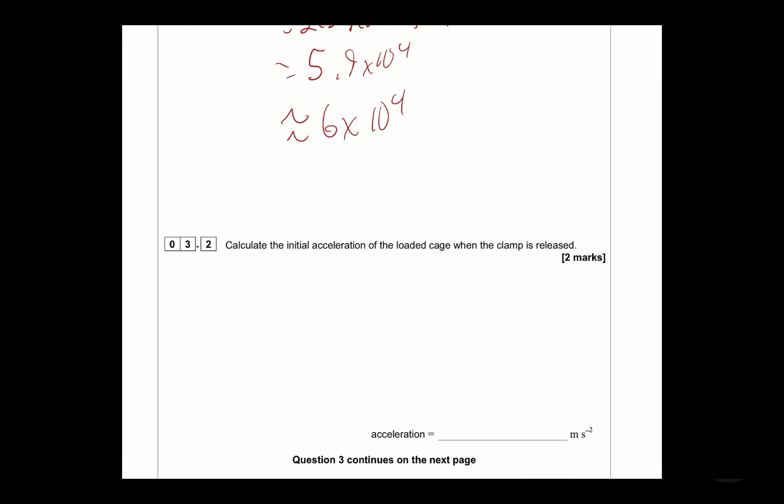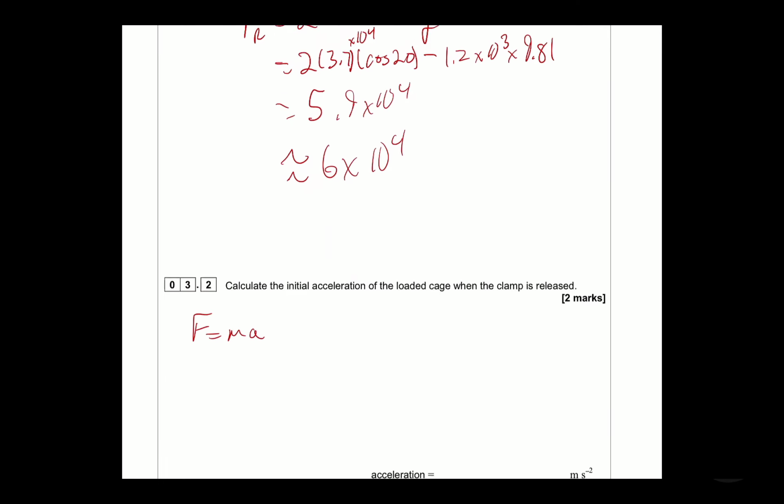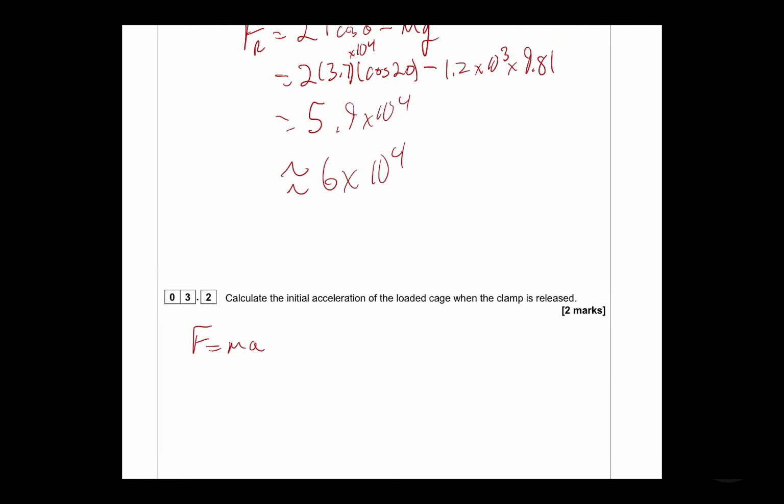So calculate the initial acceleration of the loaded cage when the clamp is released. Well, F equals ma, but the force in this case is going to be the reaction force, really, 5.9 times 10 to the 4, because all of a sudden that reaction force is not going to be there. It's going to be unbalanced by that much when the clamp is released. So acceleration is force over mass.